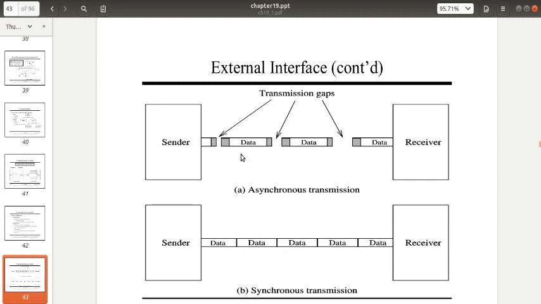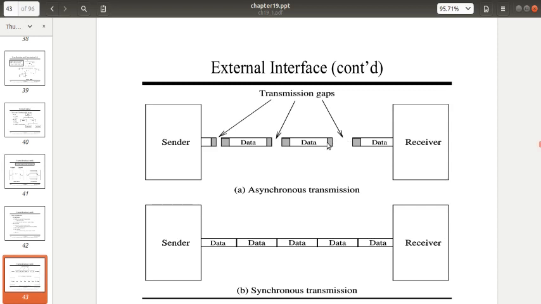But for asynchronous transmission, each packet of data is sent on its own, right? There is no logical continuity. That is, if it is sent at a certain point of time, the next can be sent at another point of time. It's not like they come at regular intervals or anything.